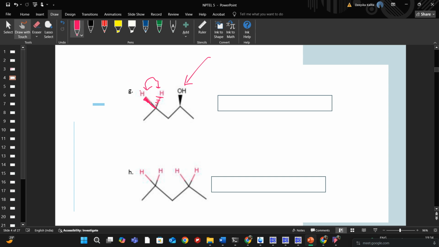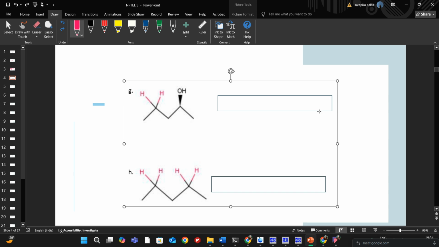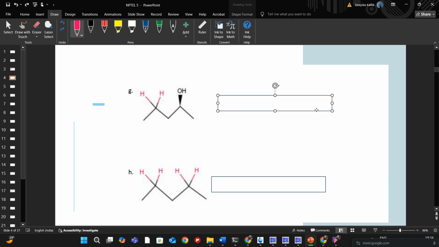So these two protons will be on the same phase, whereas these two protons will be on the opposite phase. Hence, you can say that the protons which are colored with pink are not in the chemically same environment, and these two will be diastereotopic protons.